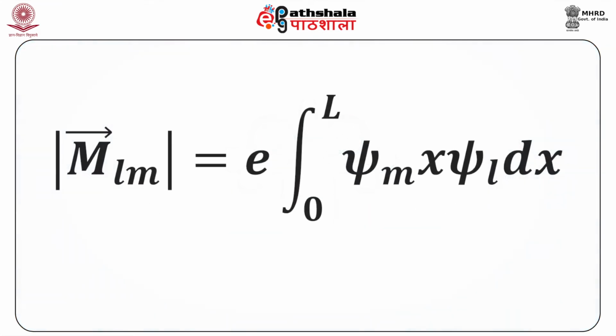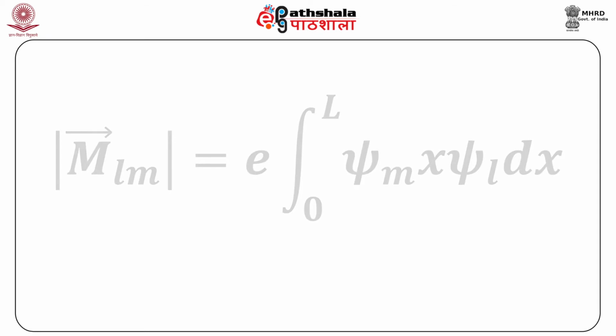The transition dipole moment, for a transition from the Lth state to the Mth state, is given by e, the electronic charge, times the integral from 0 to L, because this is the domain where the electron can stay, of psi m x psi L dx, and in this triple product within the integral, the middle term x is always odd. You know that x becomes minus x when you reflect it through the center.